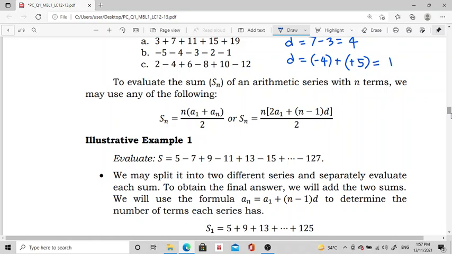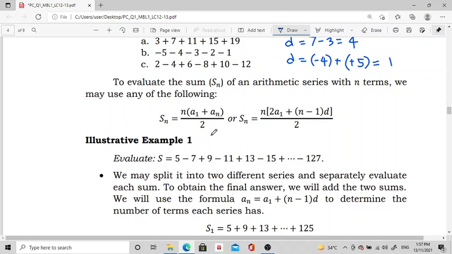To evaluate the sum, so we use the symbol S sub n, of an arithmetic series with n terms, meron tayong mga formula na pwedeng gamitin. Either this formula or this formula. Now, kailan ba magandang gamitin itong una? Kailan naman ideal na gamitin itong pangalawa? We use the first formula kapag alam natin yung nth term.